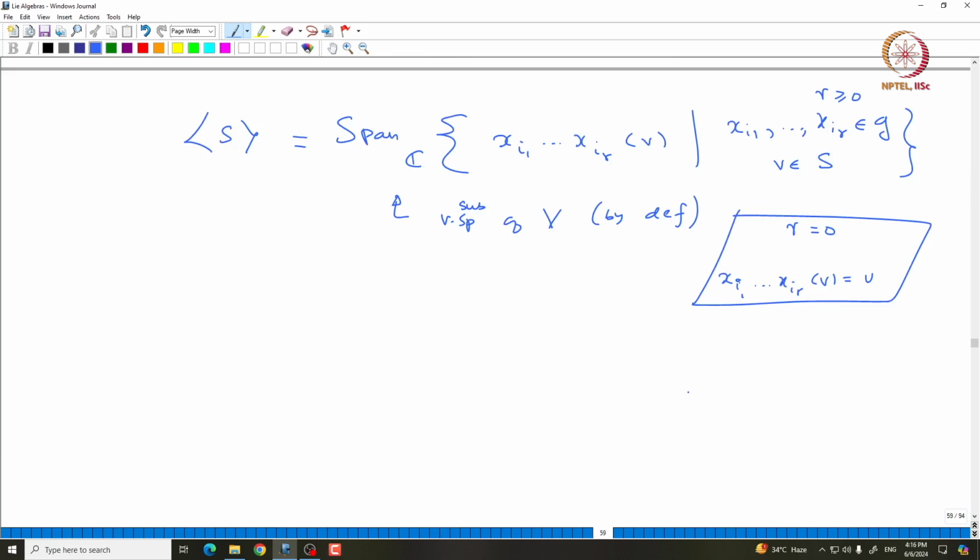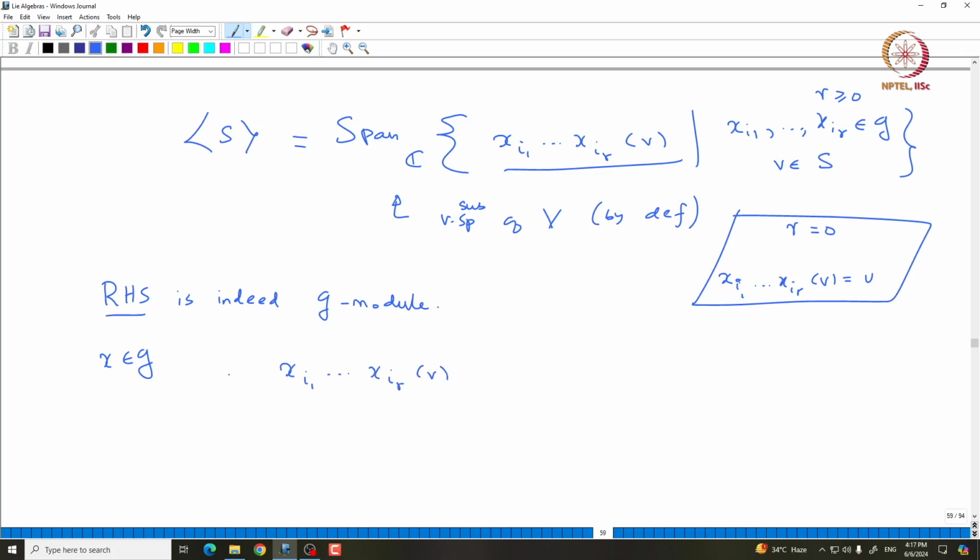Now, using this we can see that the right hand side is indeed a G module. How can one verify this? We can pick x in G and then pick any element in the right hand side, which will be a linear combination of elements of this form. So, we can just pick one element from the spanning set.